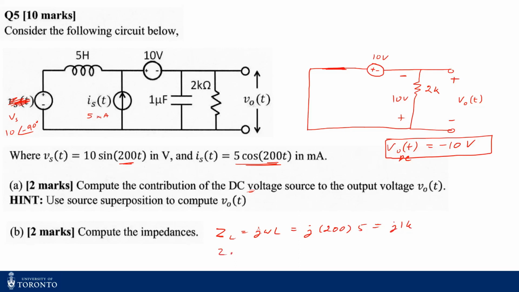And ZC is 1 by j omega C, which is minus j times 1 by 200 times 1 microfarad, which is minus 5kj. So these are the impedances that you have to find.